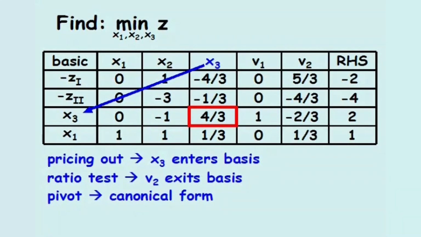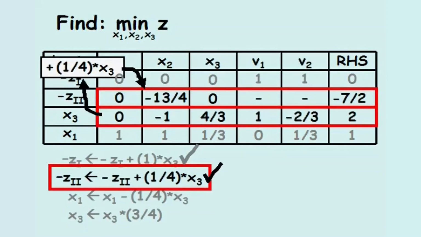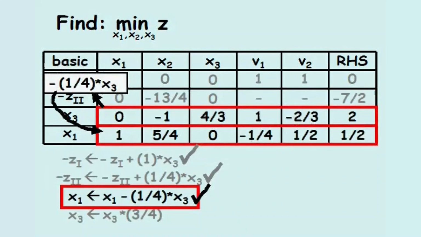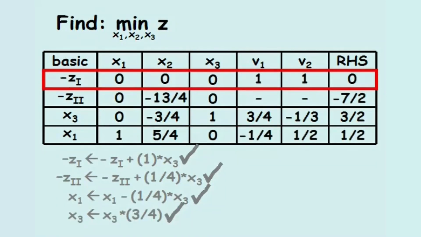This time, pivoting involves adding 1 times row x3 to row z1, adding 1/4 of row x3 to z2, subtracting 1/4 of row x3 from row x1, and multiplying row x3 by 3/4. Since both artificial variables are now non-basic, their values are 0 and phase 1 is complete.